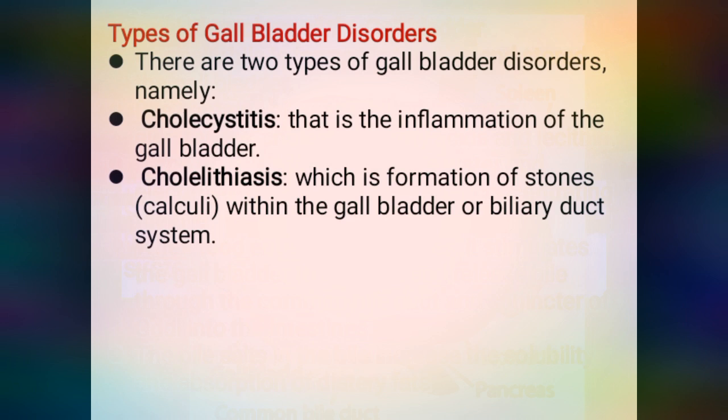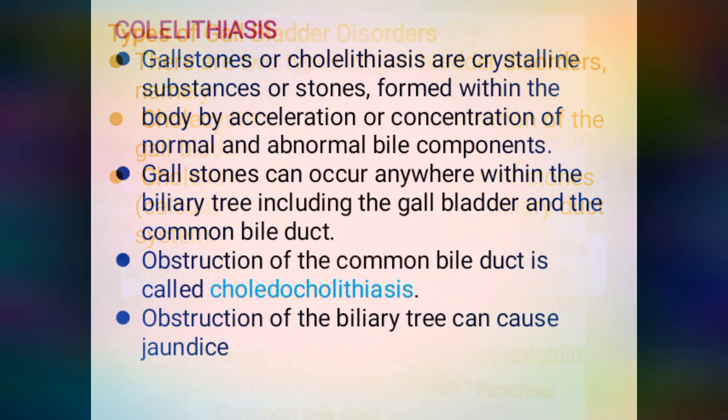And also another condition, it is cholelithiasis. Cholelithiasis, in this case, we are just talking about the formation of stones within the gallbladder, which are said to be calculi. Calculi is the stone formation. Now let's talk in detail about cholelithiasis as being the most common disorder of the gallbladder.